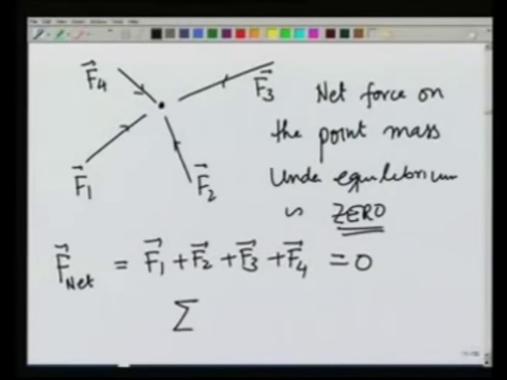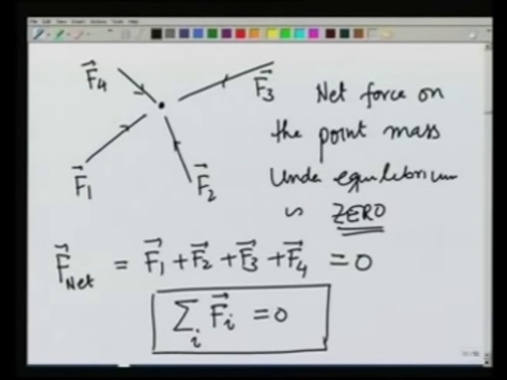I should have one condition: summation over i of all forces is equal to 0. This is one condition for equilibrium. So, there could be more than 4 forces in all sorts of directions. Sum of all that must be 0 in order for the point mass to be in equilibrium.